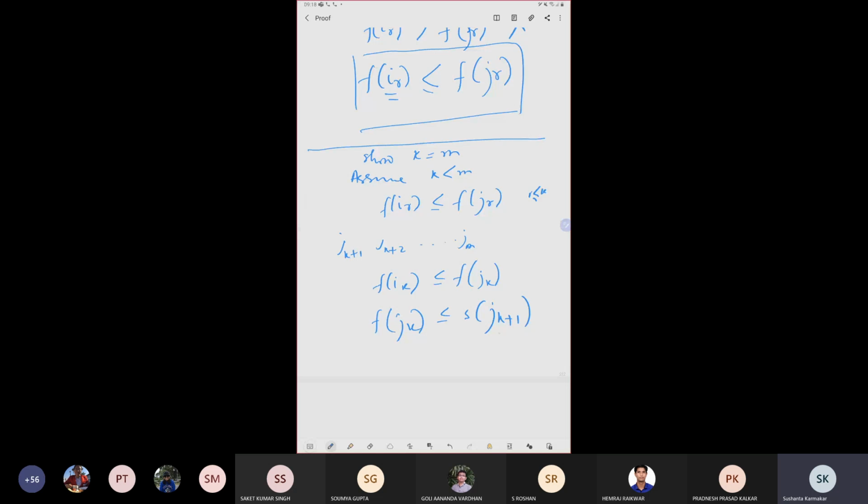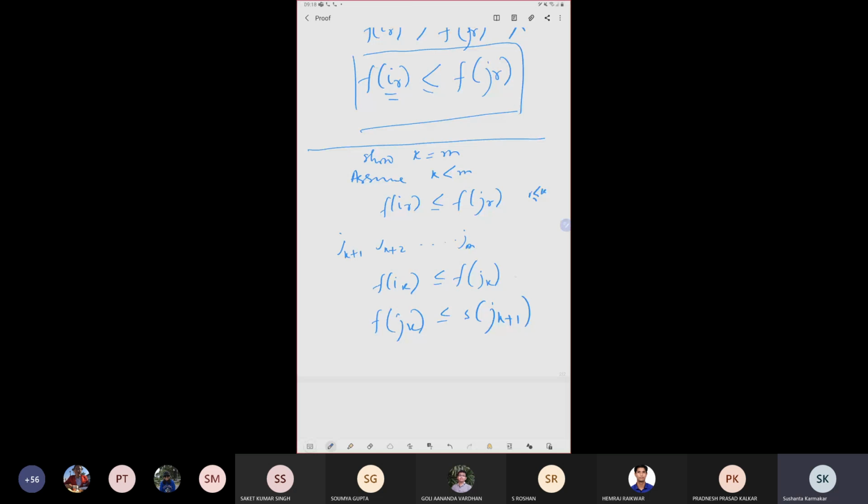Okay. So again, if you combine these two, then what happens? You can write f(i_k) is less than or equal to s(j_{k+1}). What does this mean?